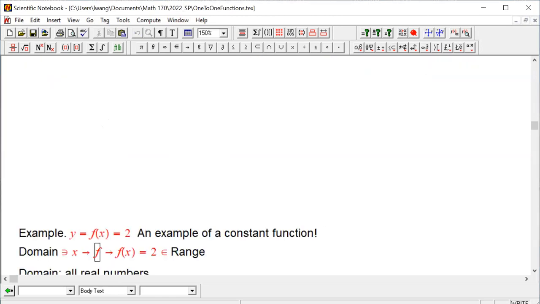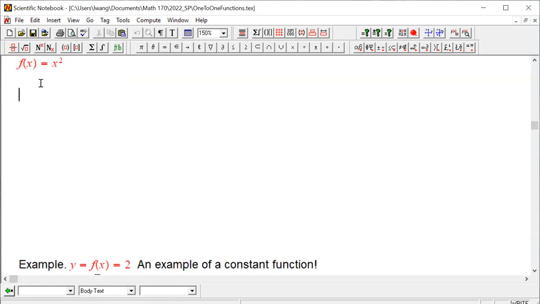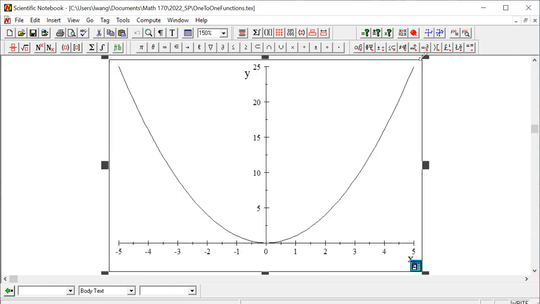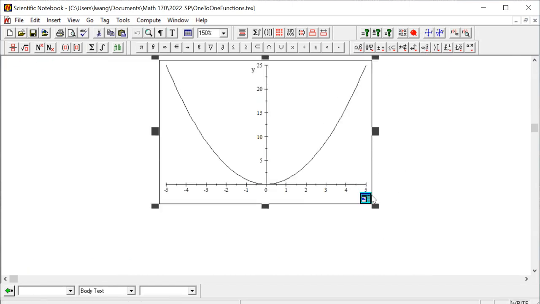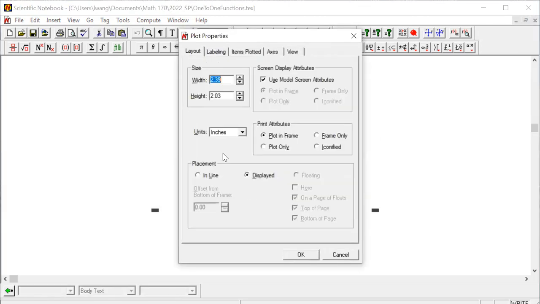And in this other example I'm going to use f of x equals x squared. We are pretty familiar with this function, so I'm not going to dig into the past to graph it. Everybody knows this function.